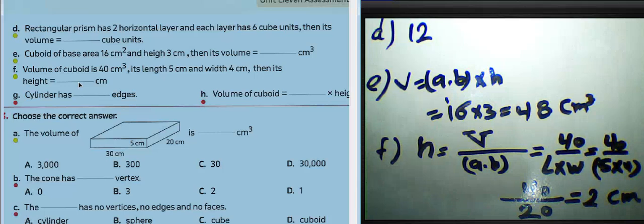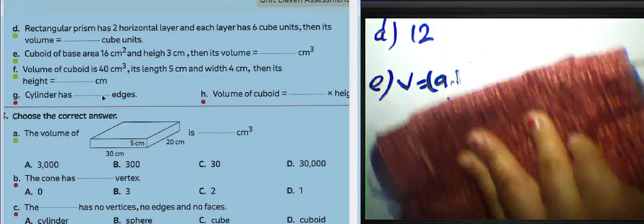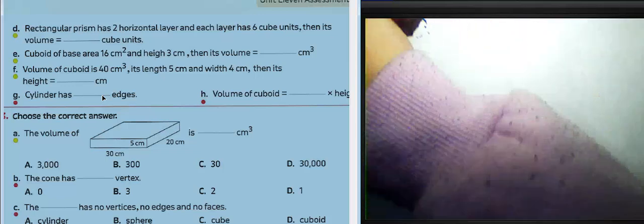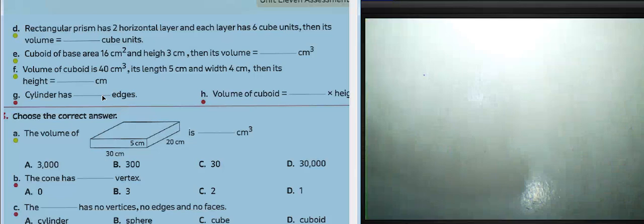A cylinder has blank edges. We know a cylinder doesn't have any edges. It has 0 edges. Write 0 here. We must cancel here. Okay, understood?